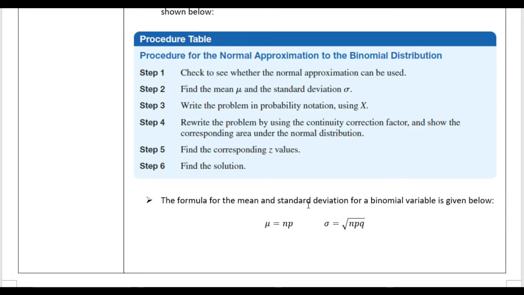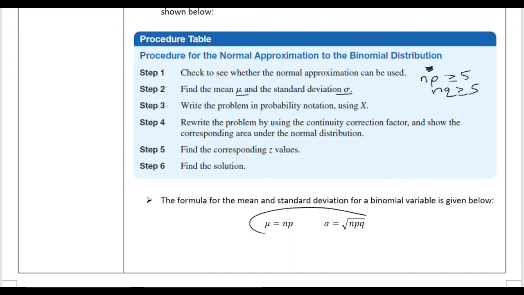Step one, you want to check to see if you can use the normal approximation. You're going to determine whether or not n times p is greater than or equal to 5 and n times q is greater than or equal to 5. Then for step 2, you're going to find the mean and standard deviation.